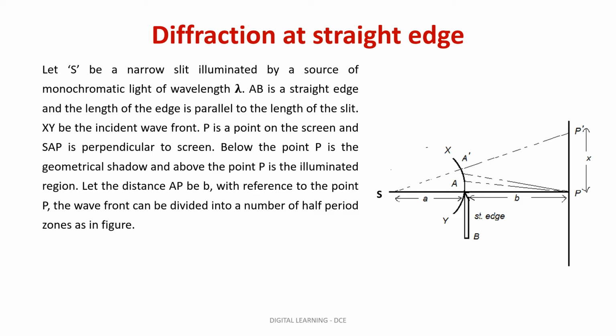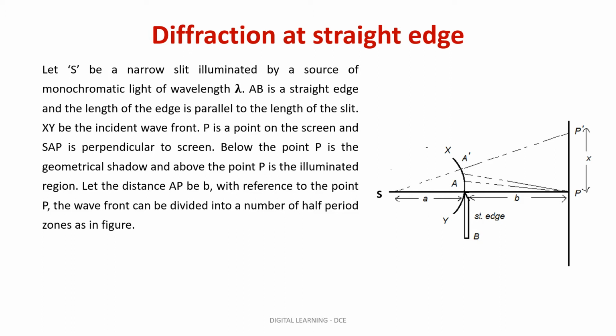That is, as we move away from P, the intensity of the bright and dark bands goes on decreasing and finally they disappear. Below P, instead of darkness, illumination is observed for a small distance, and farther from B, darkness is observed.